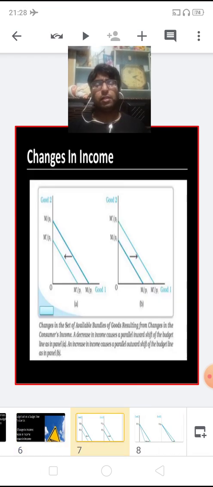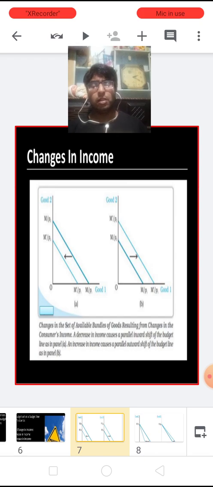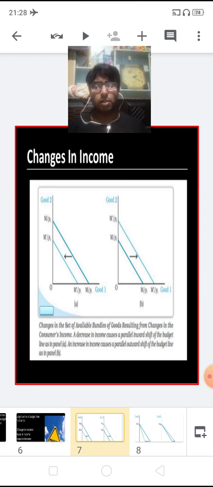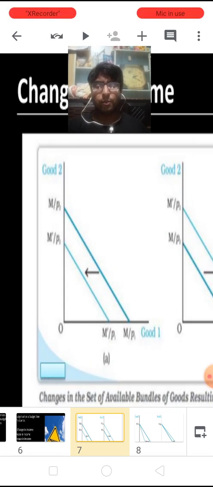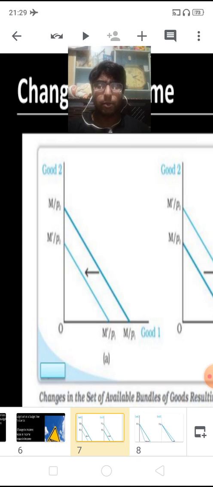Children, suppose if there is a change in income, then what will be the shape of the budget line? Children, suppose a consumer is having only 100 rupees. Now suppose with this 100 rupees a consumer is basically on the budget line, which is represented with m upon p2, m upon p1.